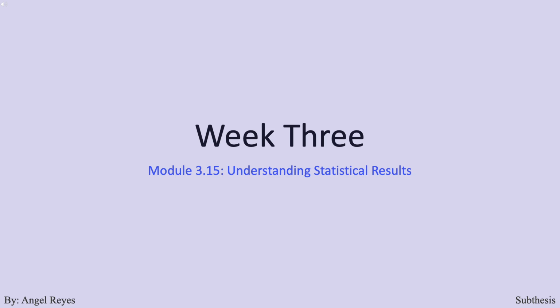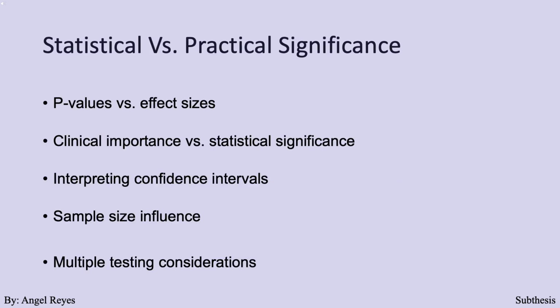A critical distinction exists between statistical significance and practical importance. P-values indicate only whether results likely occurred by chance, not their magnitude or importance. Effect sizes provide information about the strength of relationships, which may be statistically significant but too small to matter clinically.